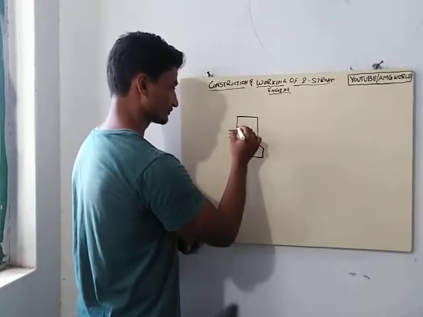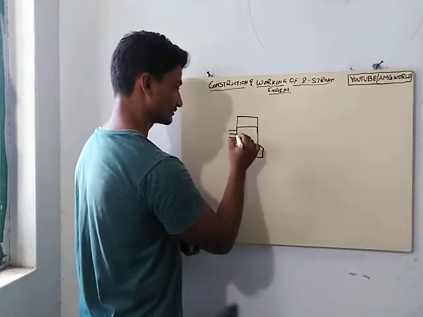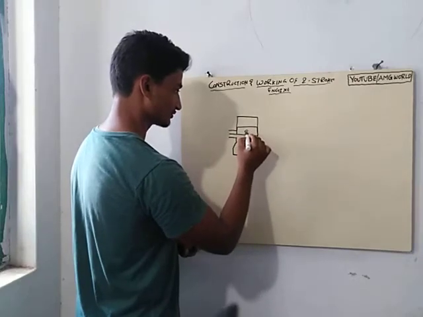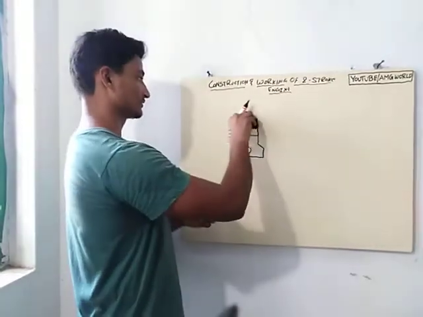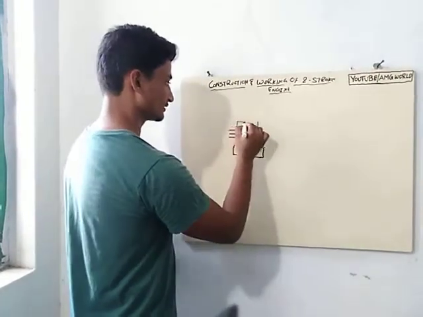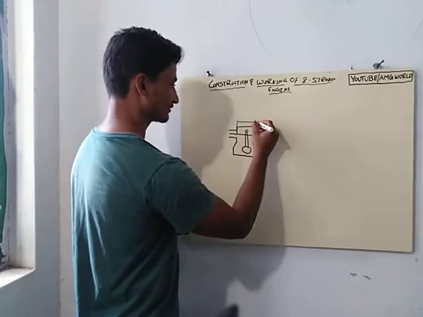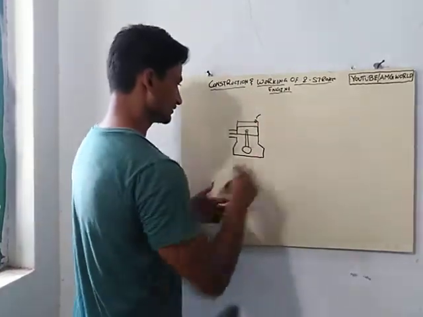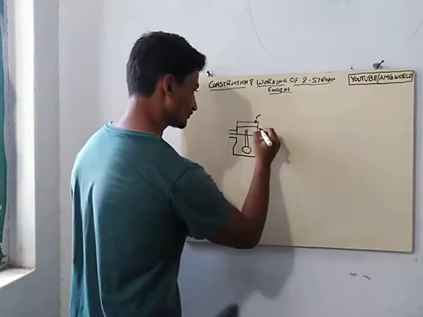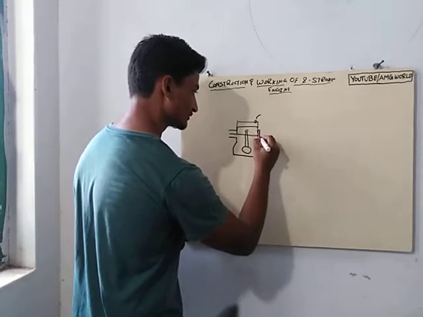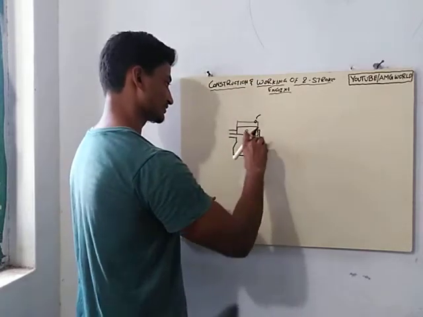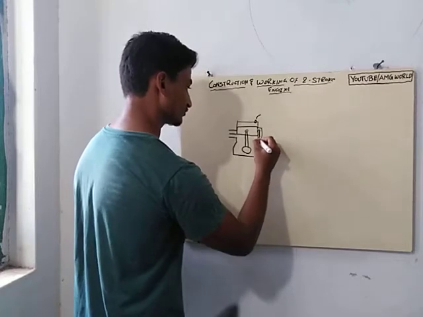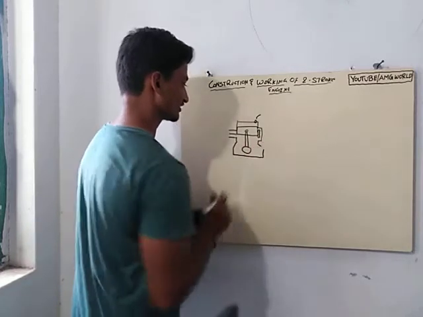In this section we have the piston, and here comes the connecting rod. This particular one is the engine head. Here is the fuel injector or spark plug. Here comes an additional port, which is the transfer port.